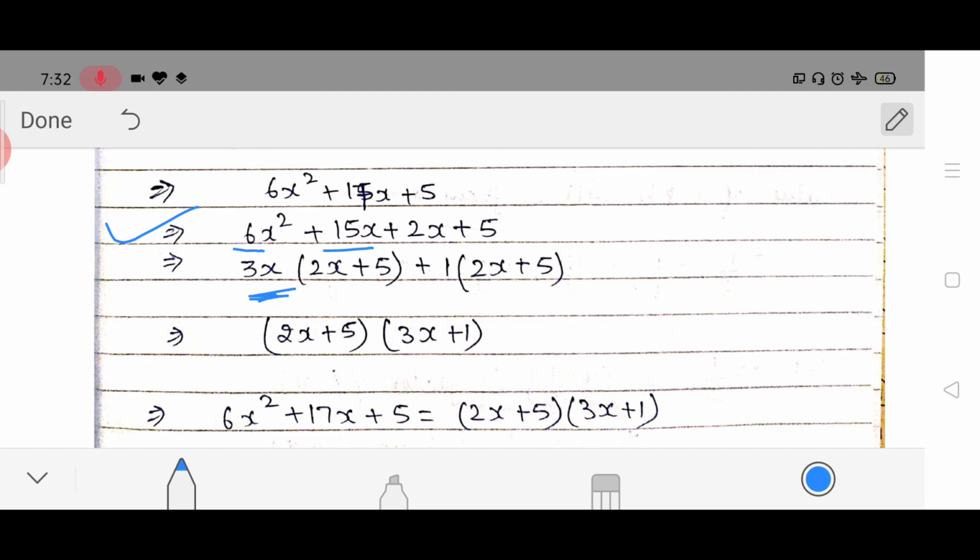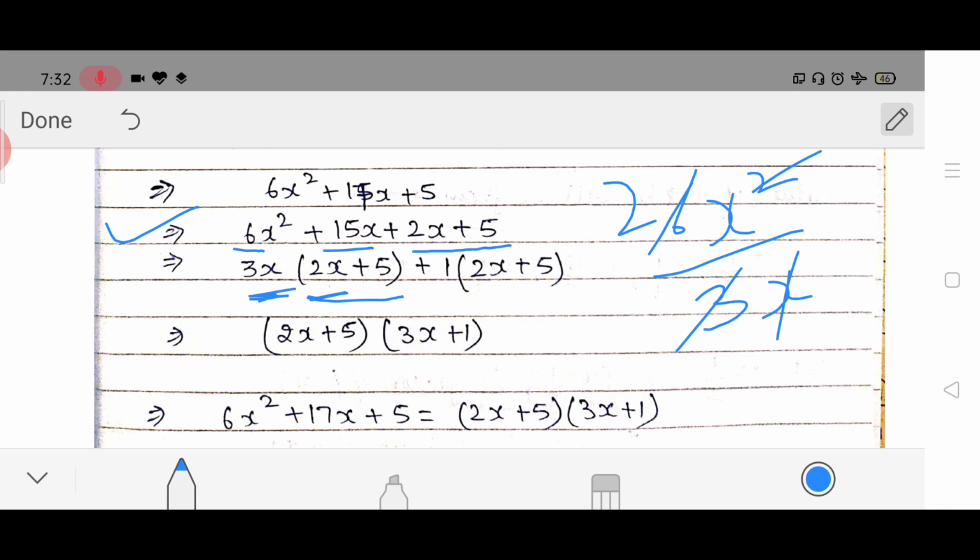If 3x is taken out, 6x square divided by 3x is 2x, so we have written 2x, and 15x divided by 3x is 5, so we have written 2x plus 5. Now moving on to the third and fourth terms, as you can see, there is nothing in common between 2x and 5, so we have written 1 outside the bracket, because 1 is common to everything, and other than 1 there is nothing common between 2x and 5. So we have written this term as it is.